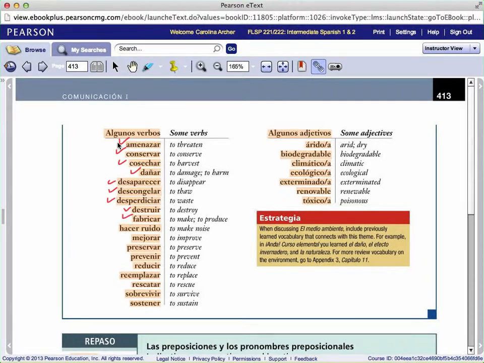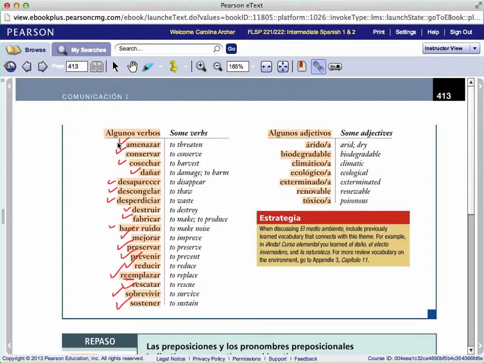Mejorar, to improve. Preservar, prevenir. Reducir, reemplazar. You know, the double E sounds like just one E. Rescatar, sobrevivir y sostener. So those are some verbs, los verbos.